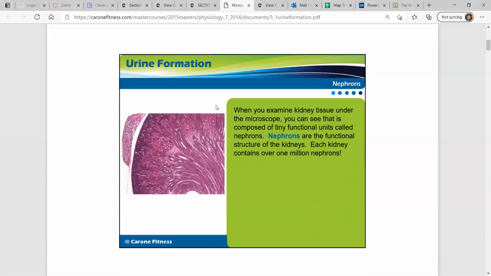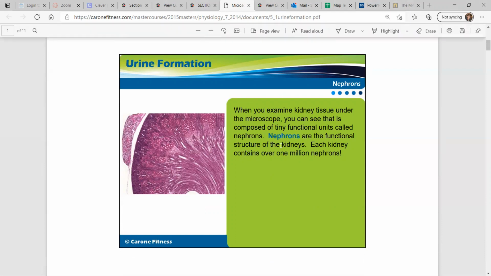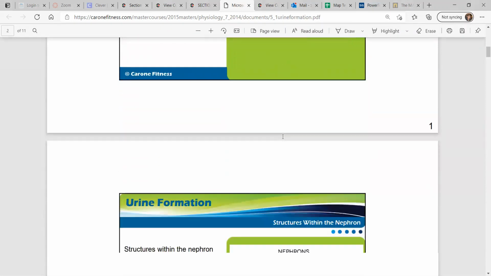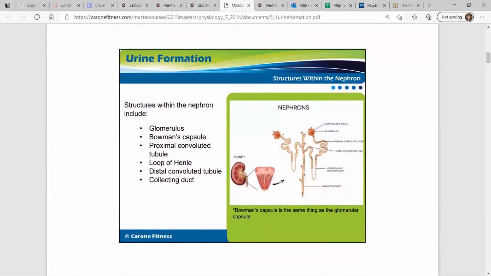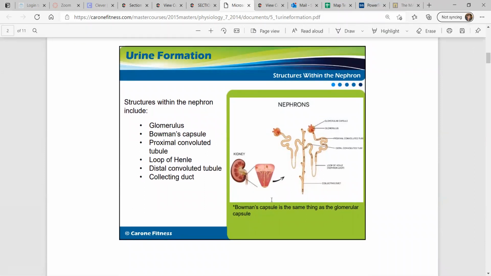When you examine kidney tissue under the microscope, you can see that it is composed of tiny functional units called nephrons. And each kidney contains over 1 million of these functional structures. And there are structures within these nephrons, and we'll look at each of those individually.